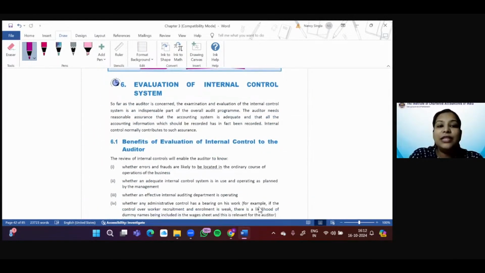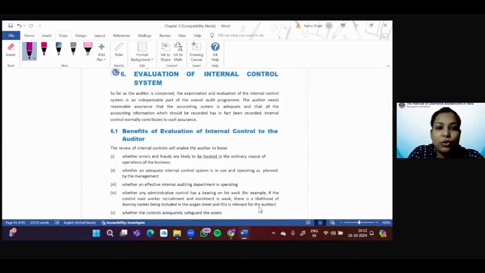Now tell me, will evaluation of the internal control system have any benefit to the auditor? Why is the auditor evaluating the internal control system? Because there are certain benefits that flow from it. This evaluation is an indispensable part of the overall examination and evaluation that the auditor performs.